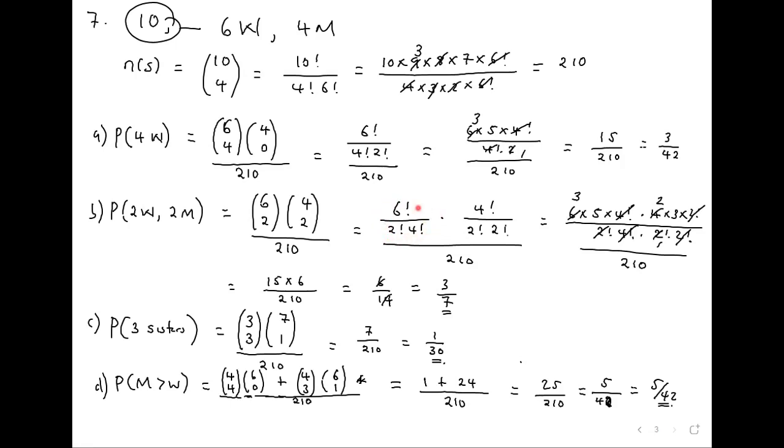Yes, sure. Since you are dealing with 6 choose 2, we have 6 factorial over 2 factorial multiplied by 6 minus 2, which gives us 4 factorial, multiplied by 4 factorial divided by 2 factorial by 4 minus 2, which is 2 factorial. Okay, thank you very much, sir.